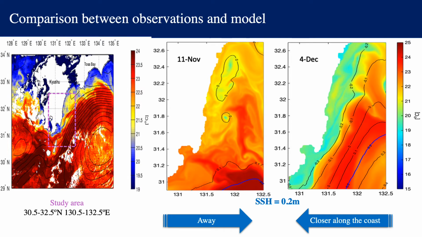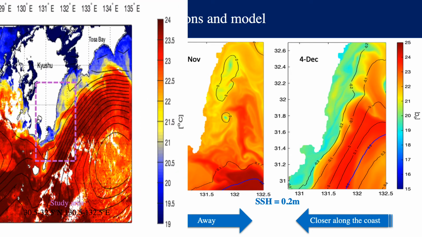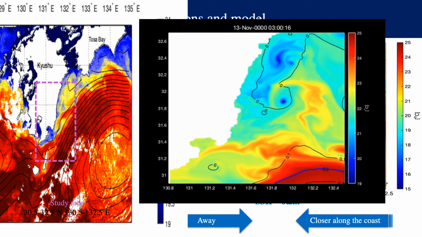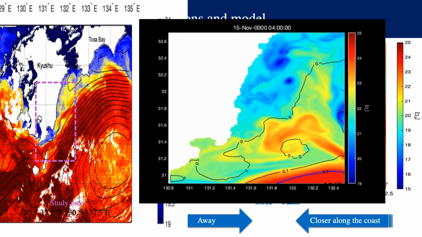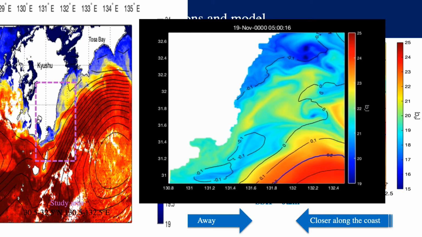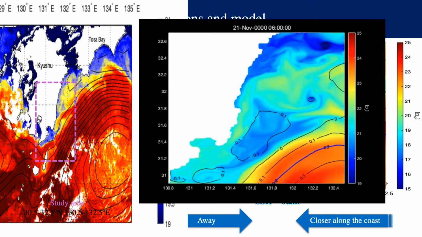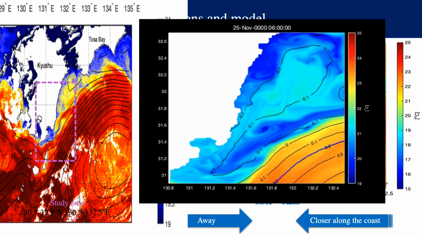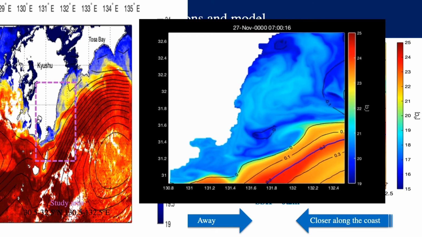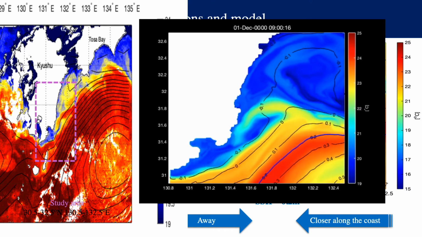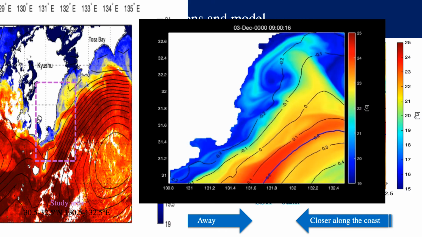So the study area is the one located in the magenta box, and for the model, it is observed that from mid-November, the Kuroshio, represented as the blue line of sea surface height of 0.2 meters, flows away from the coast, but at the end of the month and the first days of December, it starts flowing near along the coast, reaching even a latitude of 31.6 north on December 3rd, December 4th.